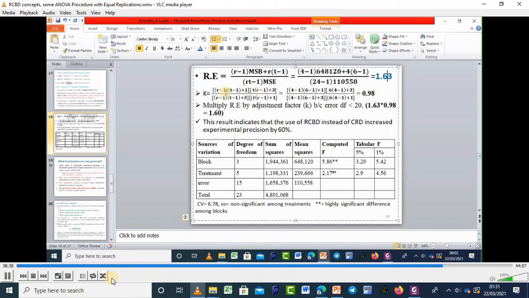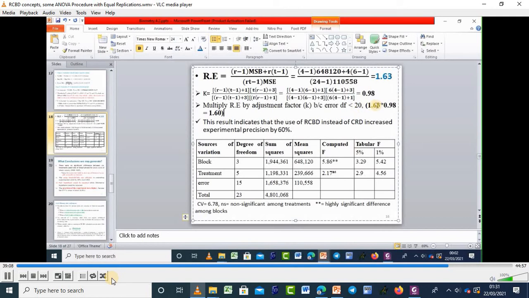This is simply substituting the treatment and the replication in the formula here, and then calculating the value, and we will also have this K adjustment factor, and multiply the relative efficiency, this one, by the adjustment factor, because the error degree of freedom in case of RCBD was less than 20.